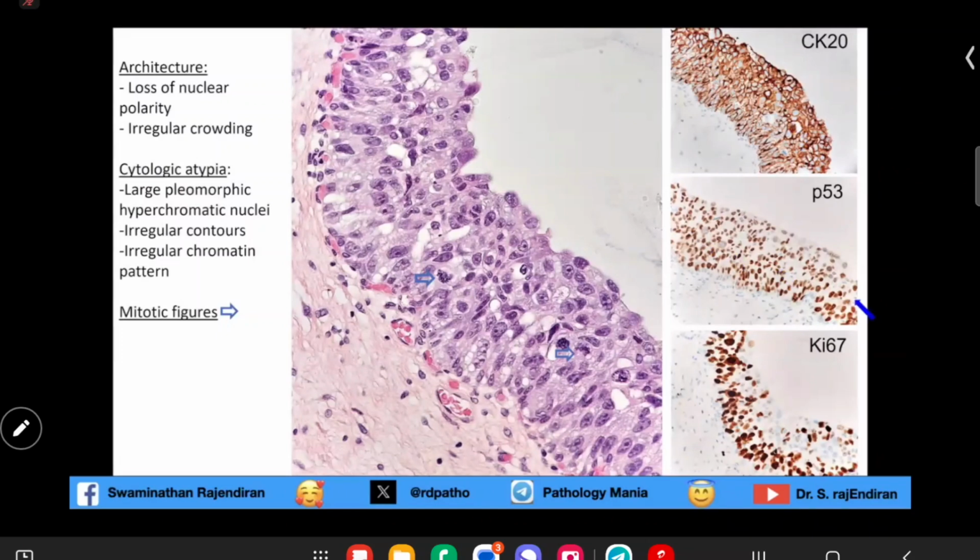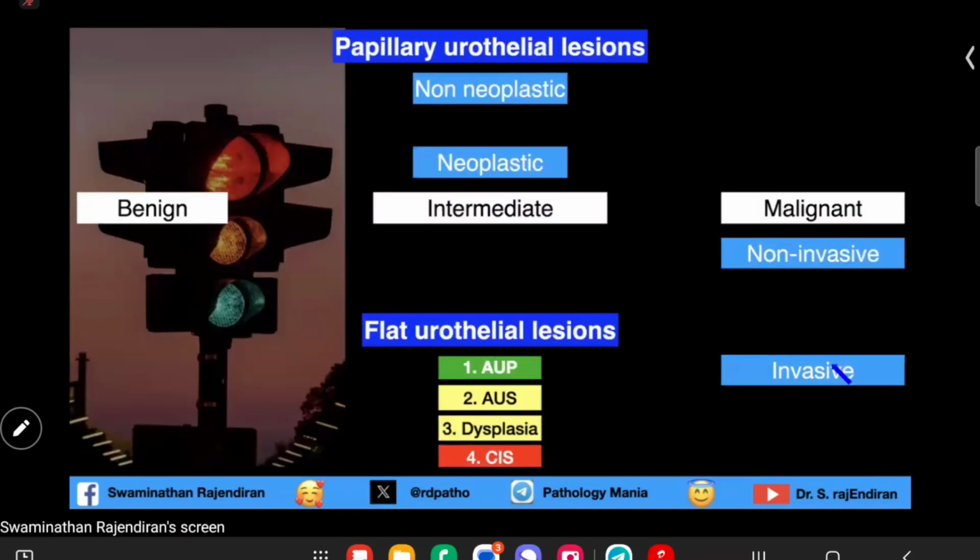P53 will be mutant in dysplasia, with more than 80% of the cells positive, and Ki67 again will show a lot of reactivity because this is dysplastic. Whereas in reactive atypia, P53 will be wild type or normal, and Ki67 will be very low. So these IHCs, we will be talking about again. They help in flat lesions, whether it is reactive or dysplastic.